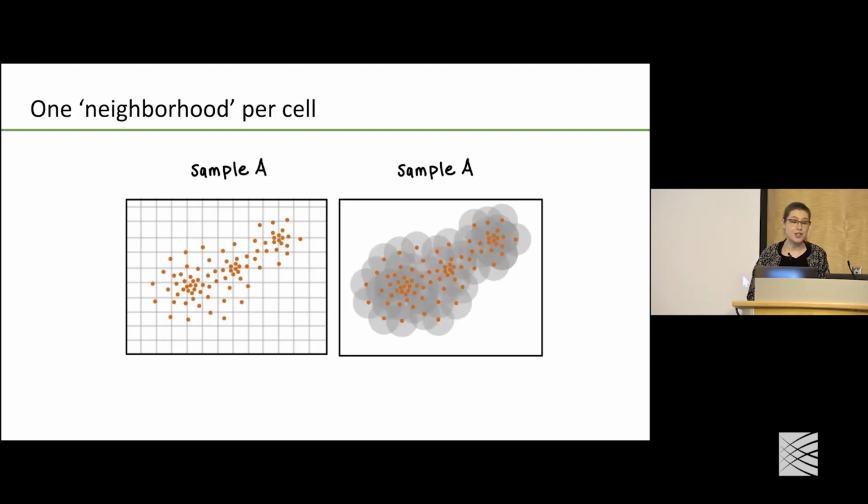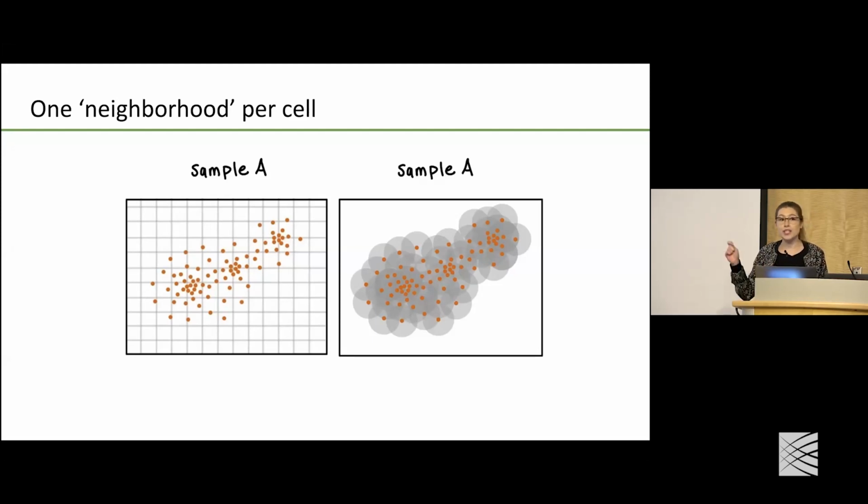And you can also imagine that we don't necessarily have to use a square. We might use a circle or a Gaussian blob, but what we're trying to communicate here is that each of these regions becomes the area in which we compute the density of each sample.